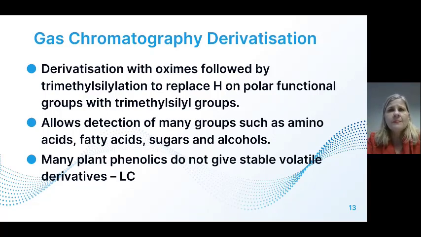derivatization with oximes. And then after that, you would follow that with a trimethylsilylation, which replaces the hydrogens on your polar functional groups with a trimethylsilyl group. So then it's non-polar. And this would then allow you to detect polar groups such as amino acids, fatty acids, sugars, and alcohols.